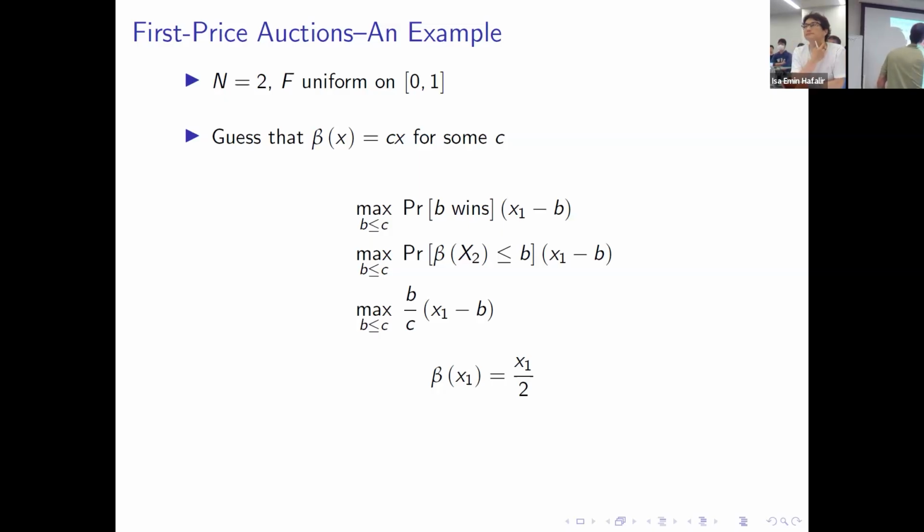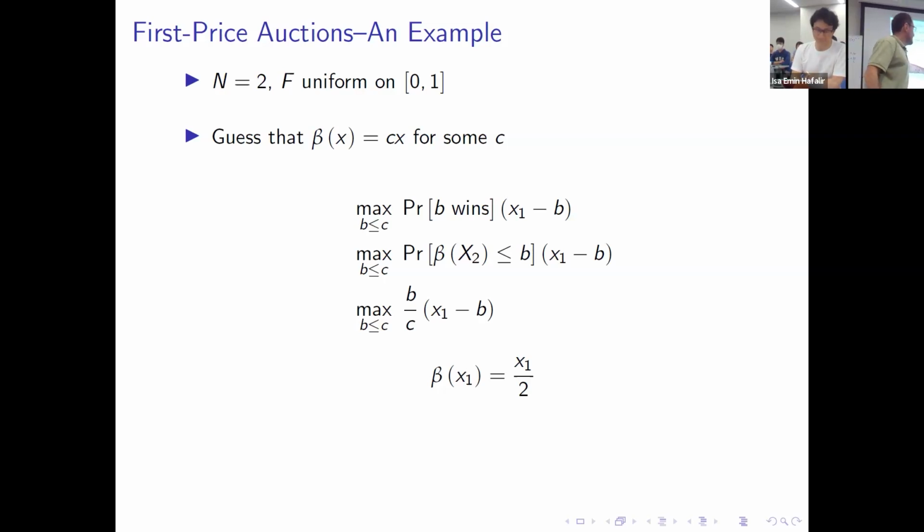But beta of X2 is just c times X2. So this becomes cX2 smaller than b, which means X2 smaller than b over c. Since this is a uniform distribution, the probability is just b over c. So b over c times x minus b.